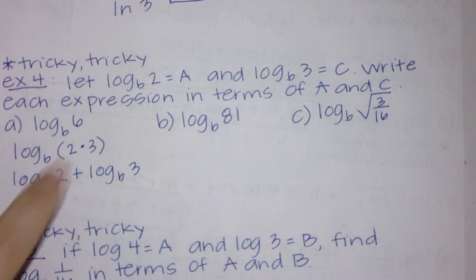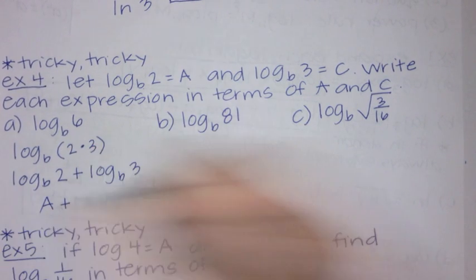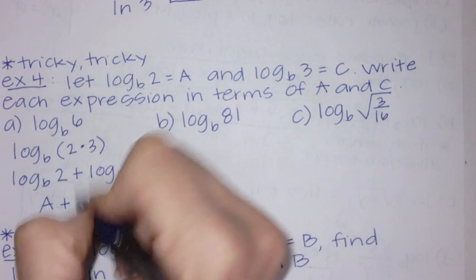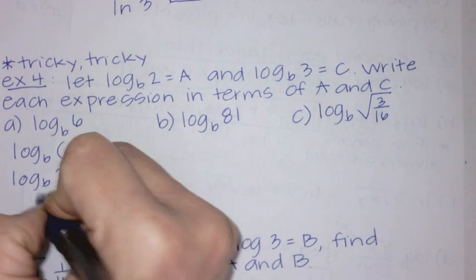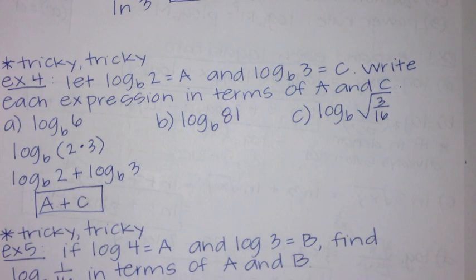So log base b of 2, another name for it is A, and another name for log base b of 3 is C. So in terms of A and C, I would just write A plus C.